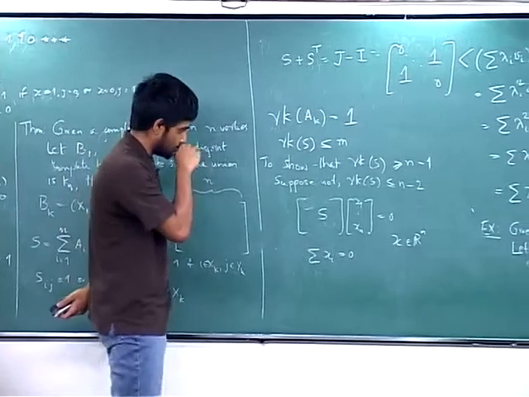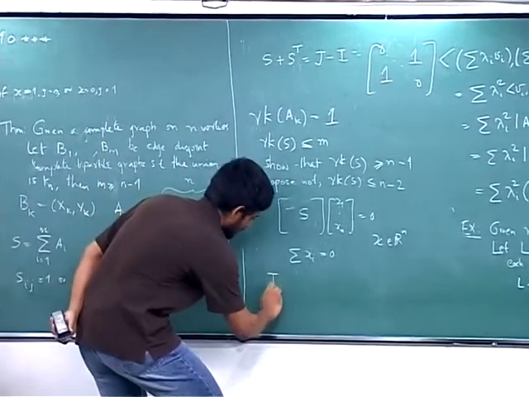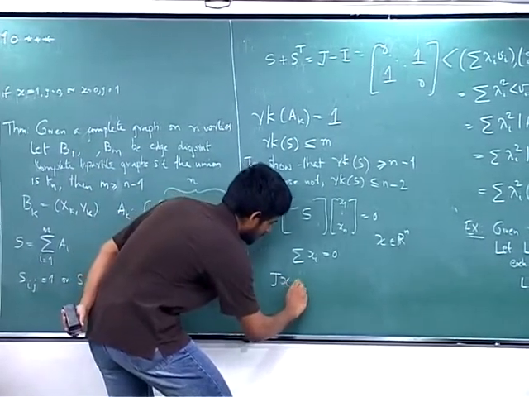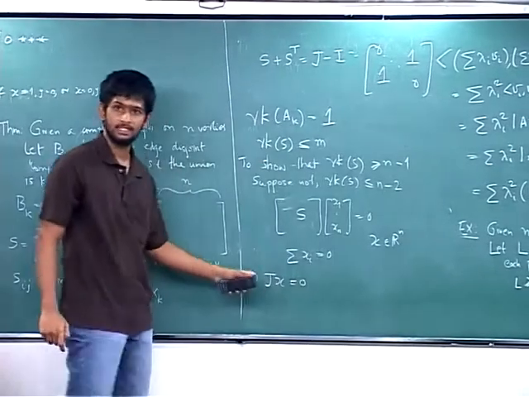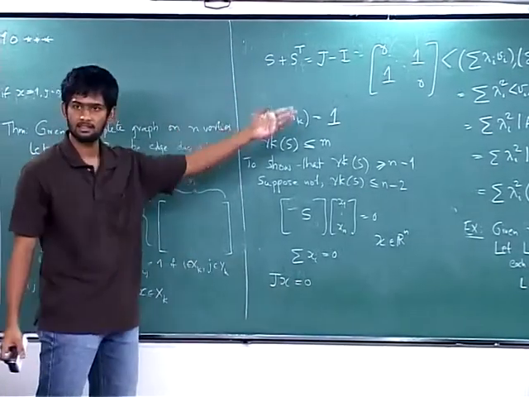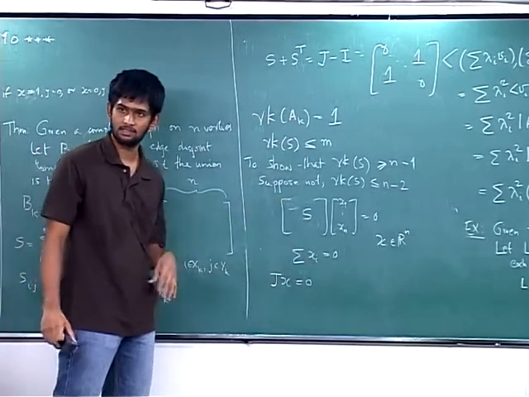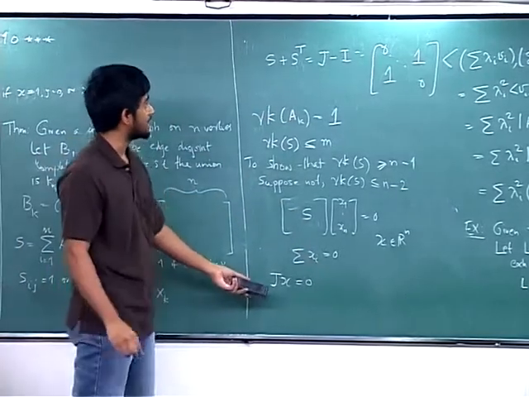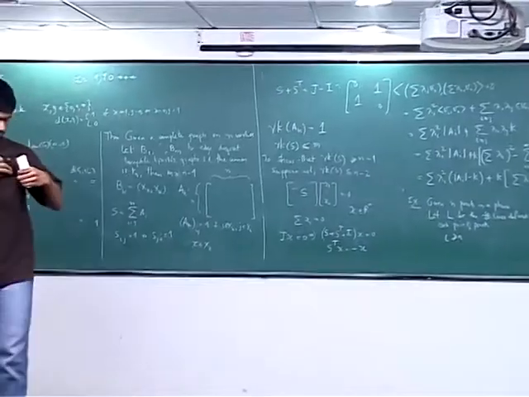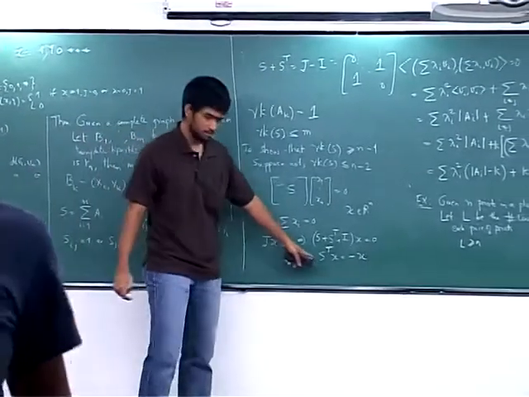So now, this means that J times x is equal to 0, right? J is the all-ones vector. That's what I mean, basically because of this. So this is true.